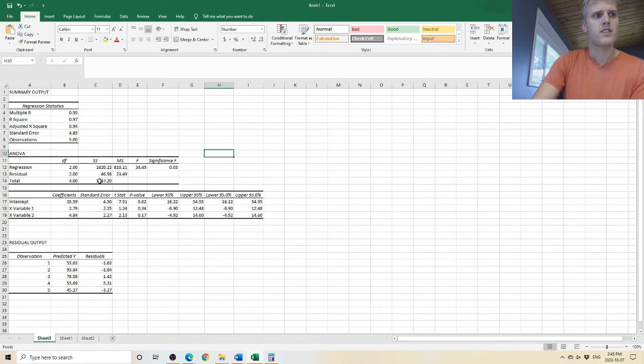And we have our SS total, our sum of squares total, and our SSR, which we can find as our sum of squares regression here.